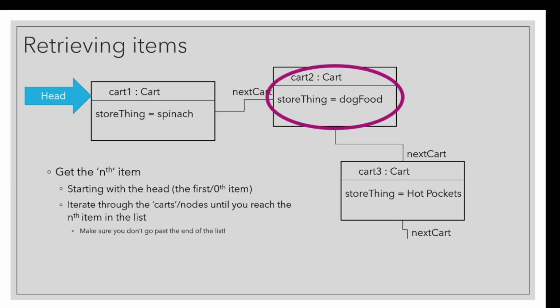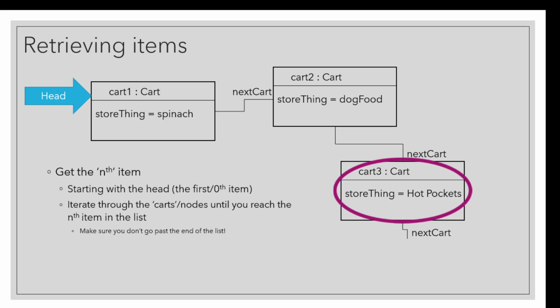Head.next is 1. The dot next of that one becomes 2, and so forth. So I'm actually going to the n minus 1 in some cases, and in other cases I'm going all the way to the n. We're going to see the n minus 1 in a second. But when I'm retrieving an item, I basically count until I get to that item.